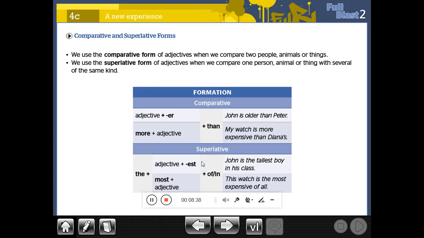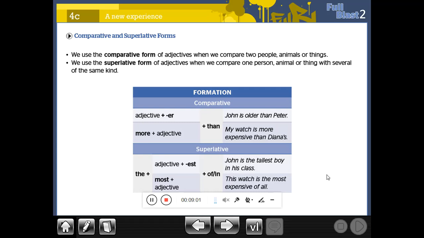Okay, here if you compare between more than two things, we add to the adjective est. John is the tallest boy in the class. I compare between John and the class, not between John and another person.